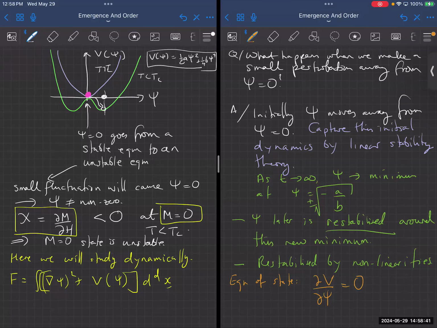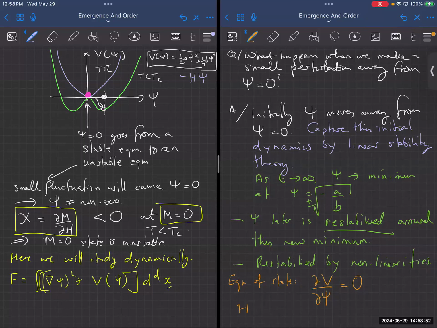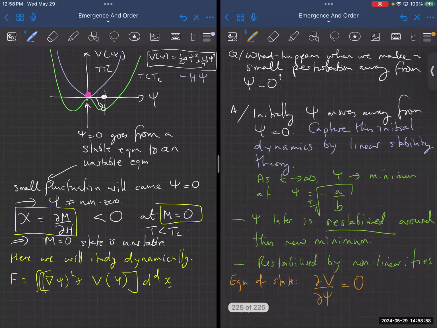And if I have in here an external potential h psi, then that will give me that h is equal to a psi plus b psi cubed. Okay, so when I talk about the nonlinearities, what I mean is this is the nonlinearity. That nonlinearity comes from the quartic term in the potential, and that's the thing that restabilizes it.